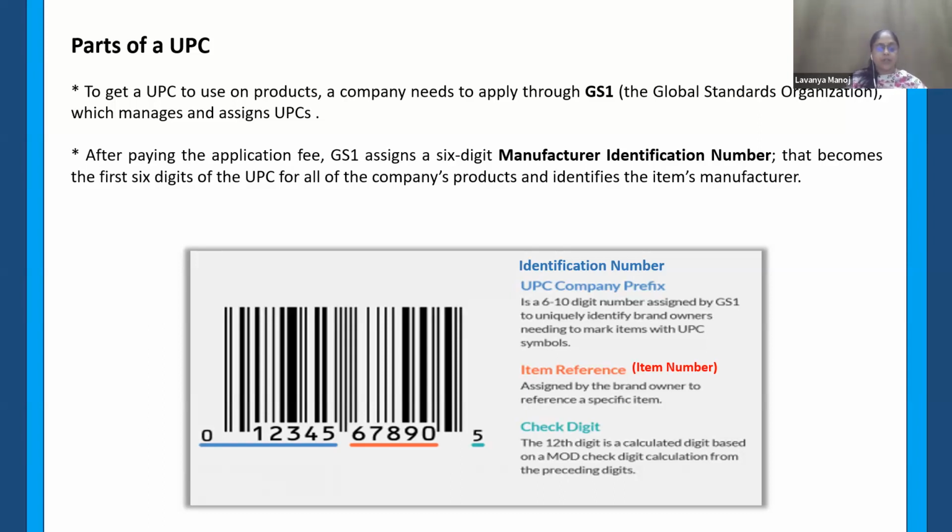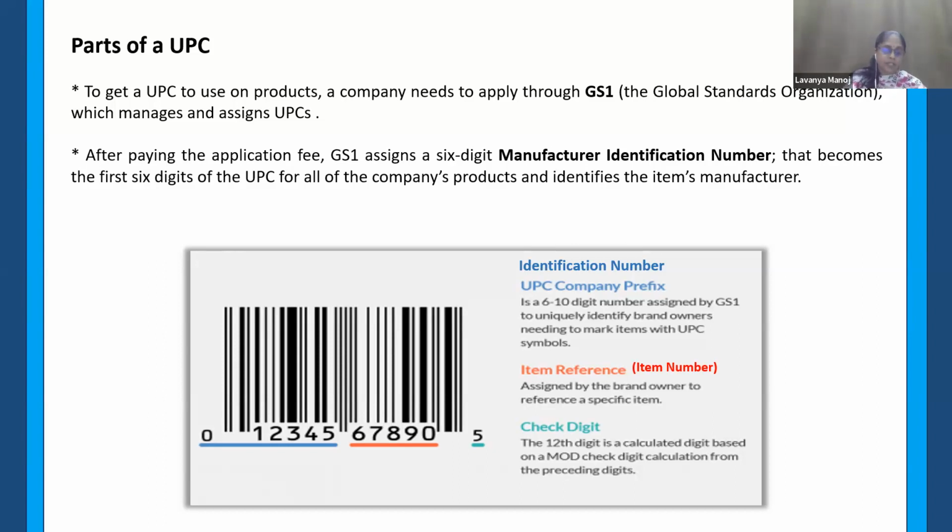So I'm giving all this information and submitting it to the GS1 council, and they will give a UPC code for all of my company's products. Here you can see the UPC code of my white t-shirt with collar.